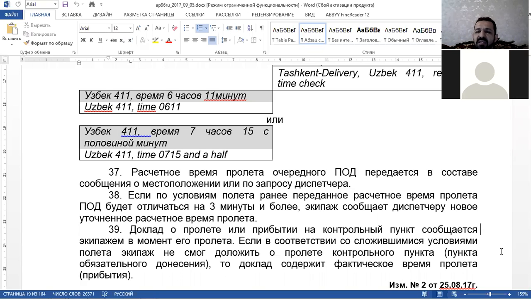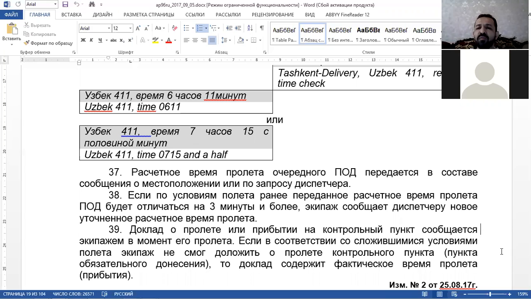It is very difficult to say seconds, because until you transmit the words, the watch does not stop. We cannot say, for example, the time is 0611 and 15 seconds, because until you say 15 seconds, the time will already have moved on.